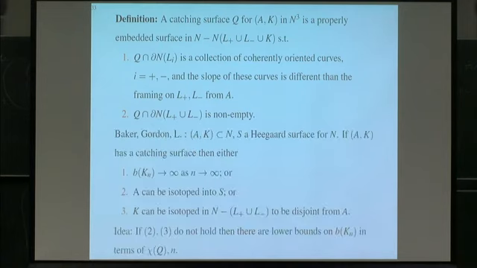And then Ken Baker, Cameron Gordon, and I showed that in this context, if I have an annulus knot pair in this manifold N, and you have a Heegaard surface for N, and I can measure bridge number with respect to this Heegaard surface for N, and if this pair is catching, in the sense described above, then the bridge number of K_n has to go up, unless, well, the two obvious things happen.